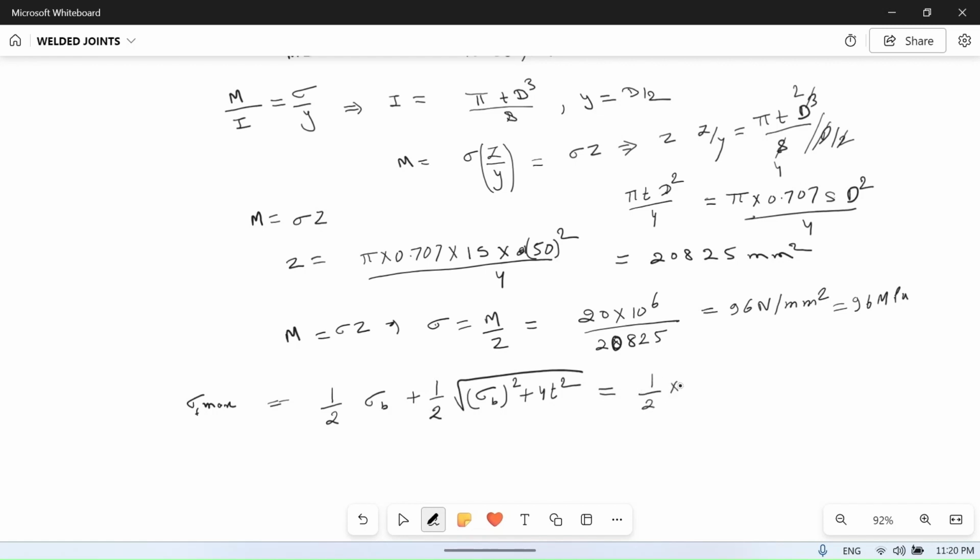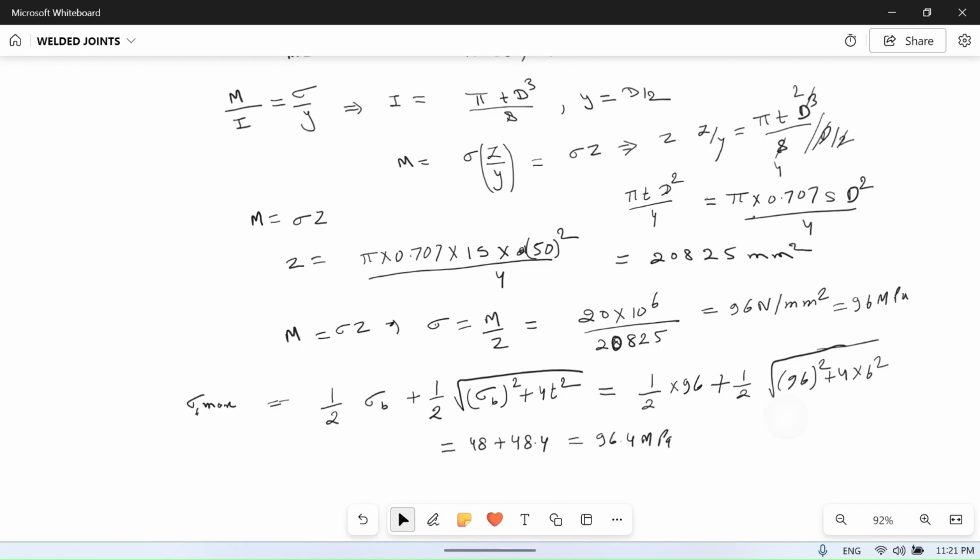So it is half into 96 plus half root of 96 square plus 4 into 6 square. This will be equal to 48 plus 48.4, which is 96.4 megapascal.